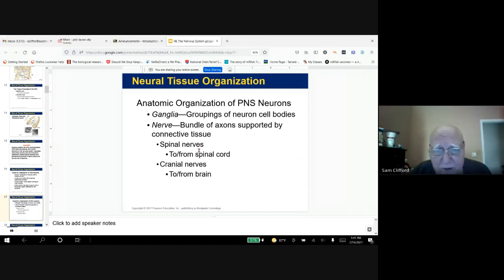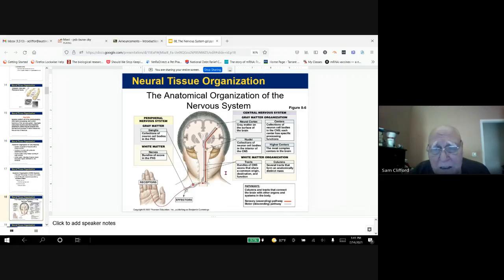So the spinal nerves transmit information to and from the spinal cord, and cranial nerves to and from the brain. So we have the peripheral nervous system and the central nervous system. Receptors are in the periphery. Information is carried on unipolar neurons back to the spinal cord, and if necessary, the information flows in tracts to go into the central nervous system.